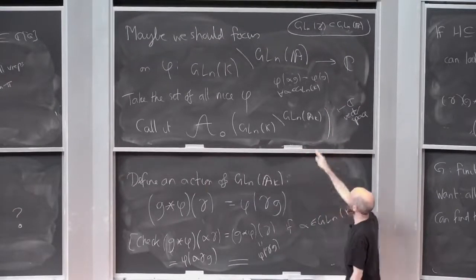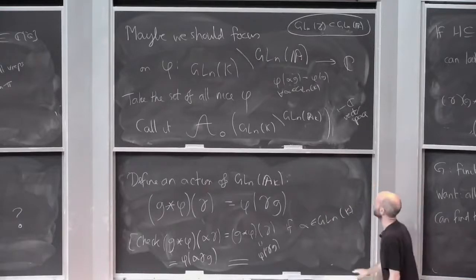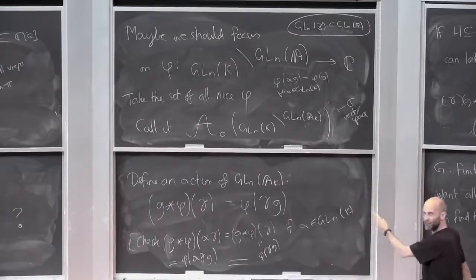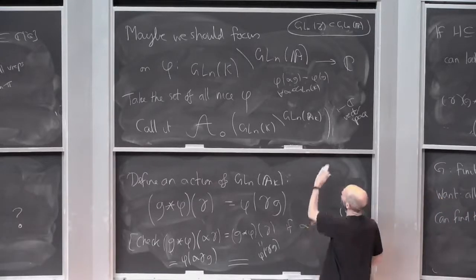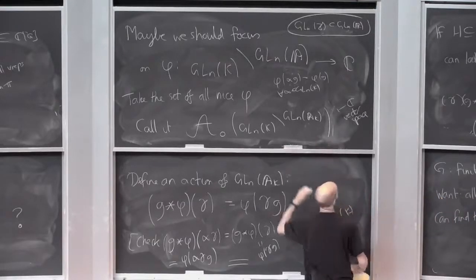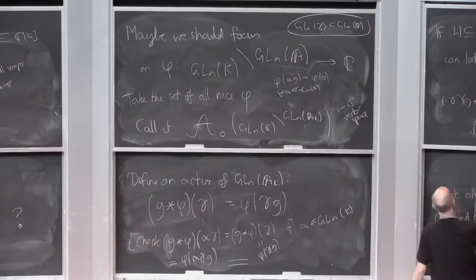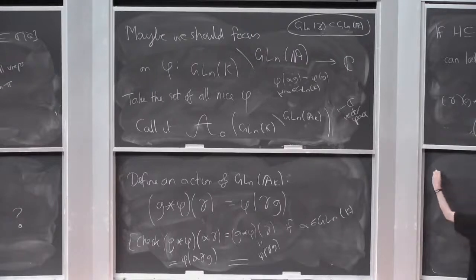So this space here of nice maps phi has the right feeling, right? If G is GL1, then it's kind of good. It looks good because we've somehow quotiented out, right? Maybe. For example, n equals 1, maybe a Grössencharakter will be nice. Right?